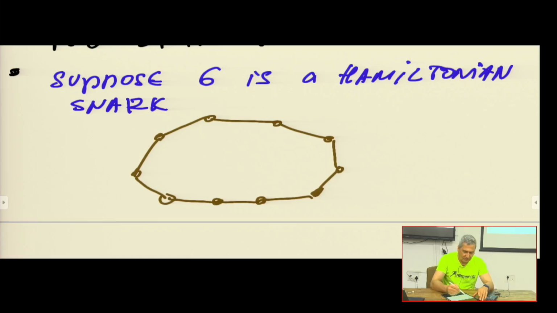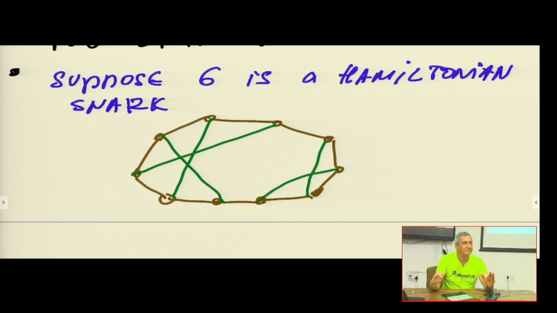Yes. Let's say I have something like that. But this outer cycle is even, yes? So we have brown color. Let's put it on every second edge.